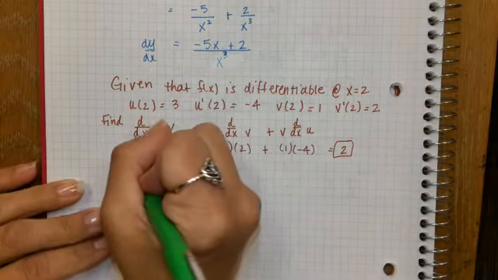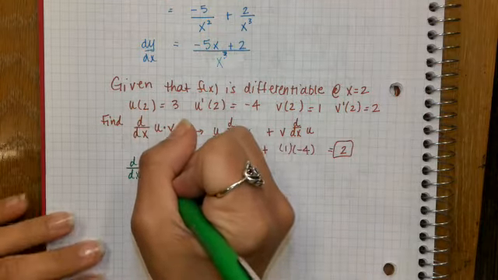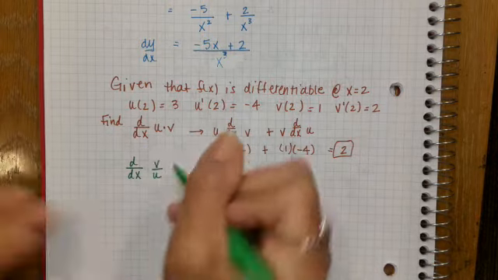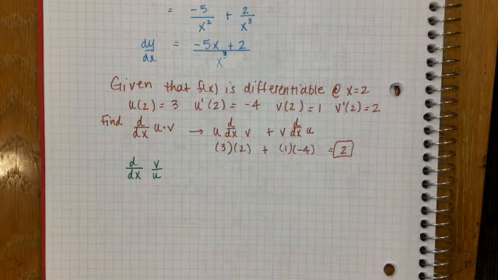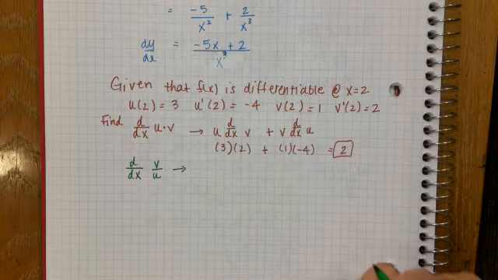What about the derivative with respect to x of v over u? The previous examples have been u over v. So we have the numerator and denominator switched.